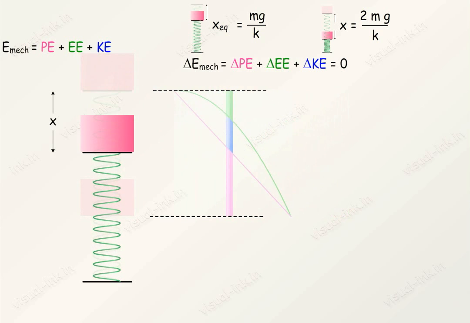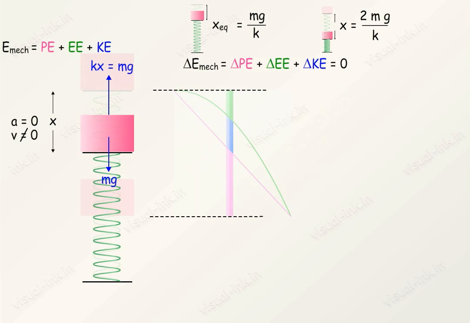Note that at the position x is equal to mg by k, the net force on the block still becomes 0. But the block cannot stop here, as it has attained some kinetic energy by the time it reaches this position. So at this position, which is also the mean position of the oscillation, the block has 0 acceleration but non-zero speed.